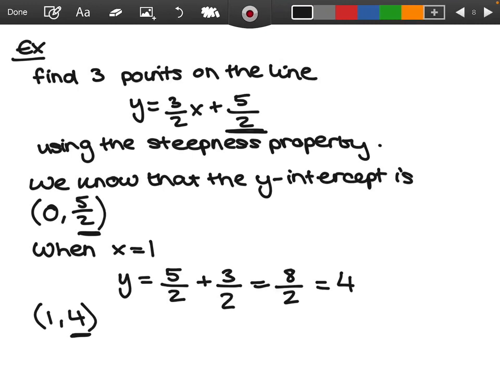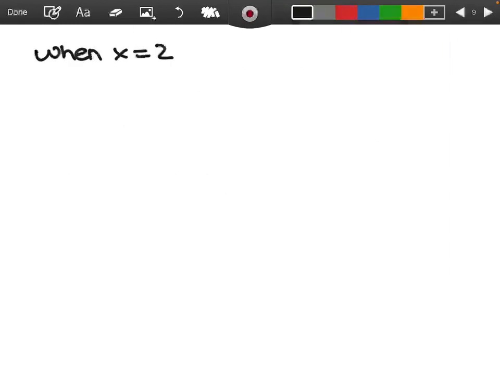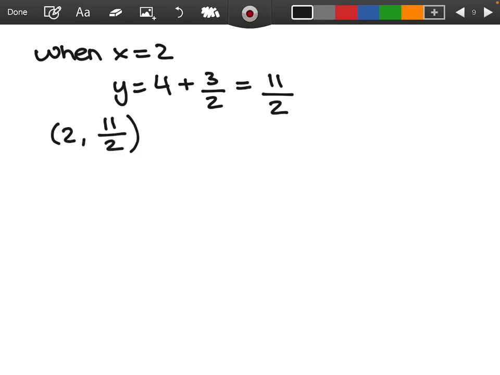I am currently at a y value of 4. I'm going to move up by m units. So y would equal 4 plus my value for m, which, if you figure that out, is 11 over 2. So my next coordinate would be (2, 11 over 2).